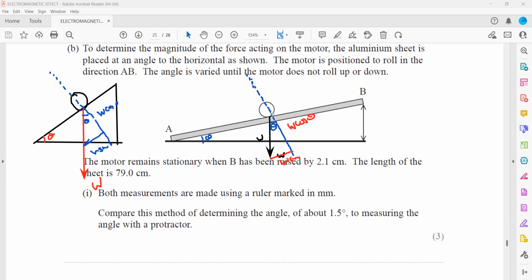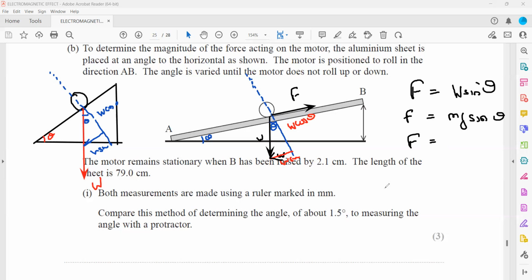This force is in this direction, F. It is the force due to the wire placed in a magnetic field, a current carrying conductor placed in a magnetic field. Because it is stationary, not accelerating, we can say F is equal to W sin theta, where W is equal to mg, so mg sin theta is equal to F.